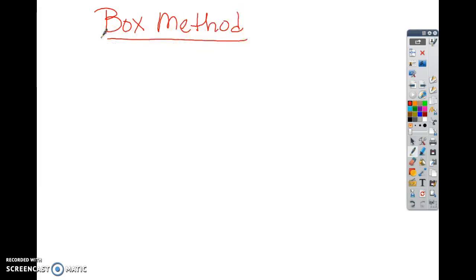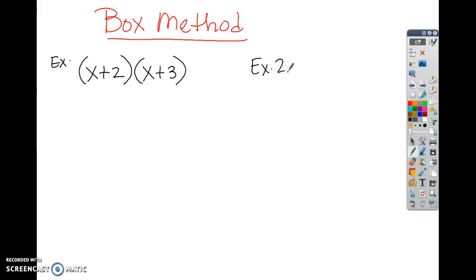And it's the same exact problems, so I'm going to do example 1 is x plus 2 times x plus 3. And example 2 is 2x minus 3 times x plus 4.